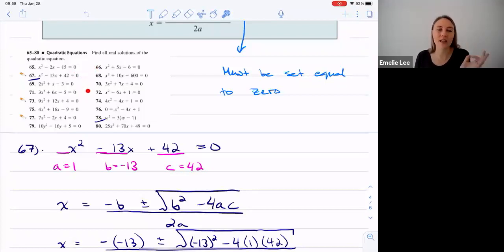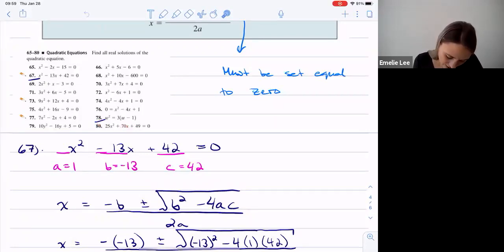So factor this thing and expand it out to make sure that it works out to be the same. Now, I wish I had made a note of which ones give me some different solutions. Let's do 78 together.